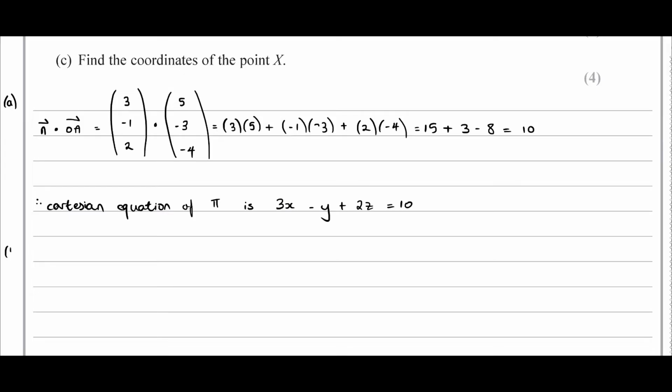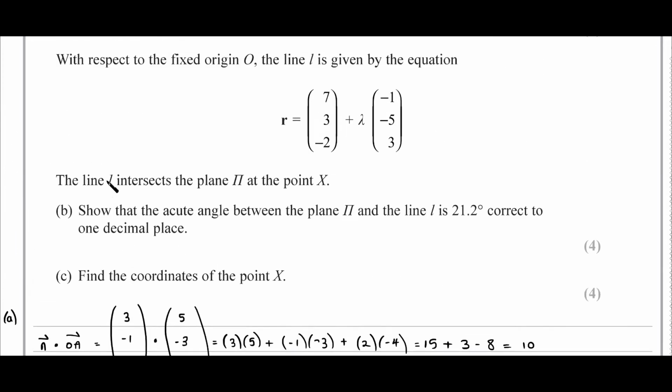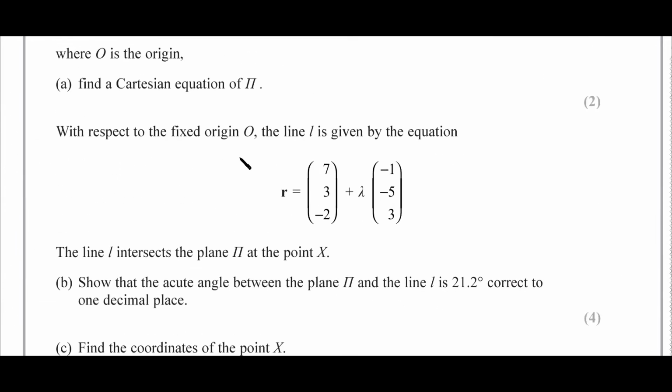For part B, we have the line L with respect to a fixed origin O, given by the equation r equals (7, 3, -2) plus lambda lots of (-1, -5, 3).